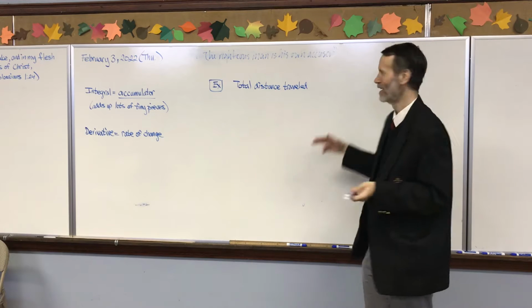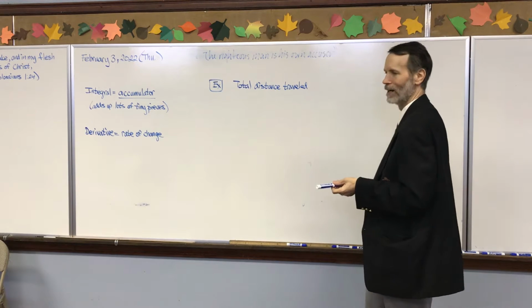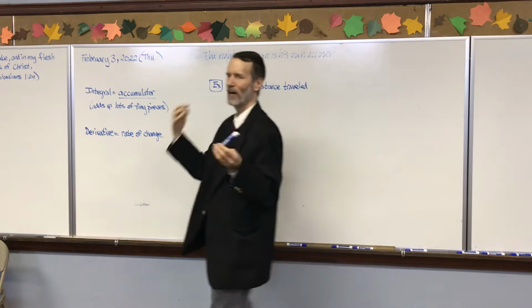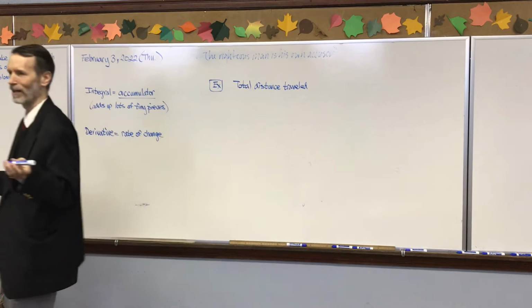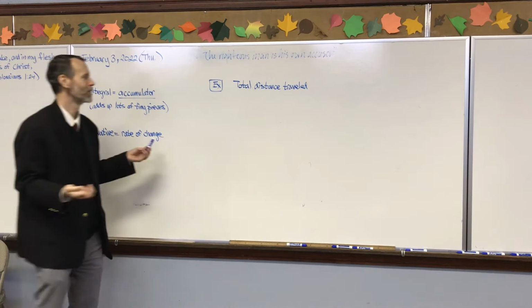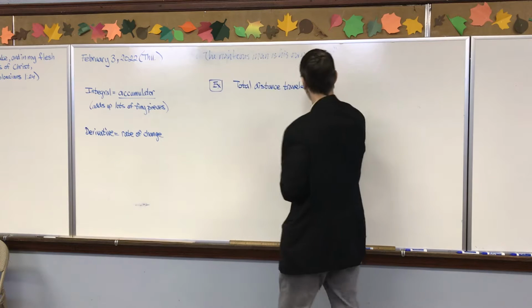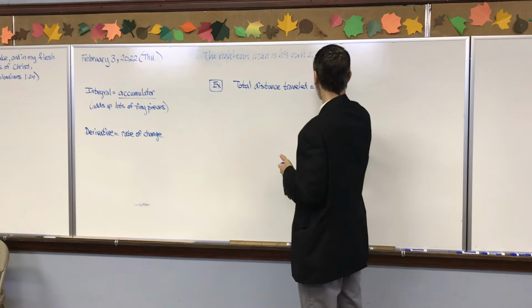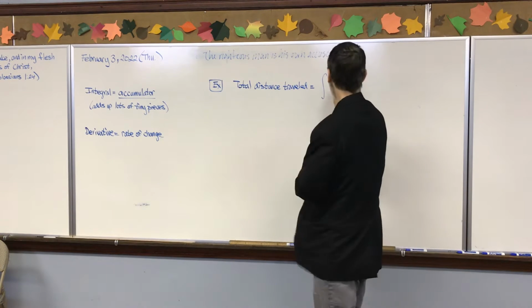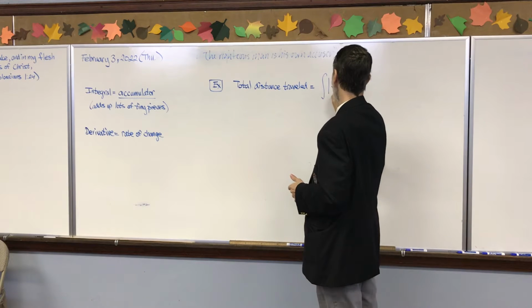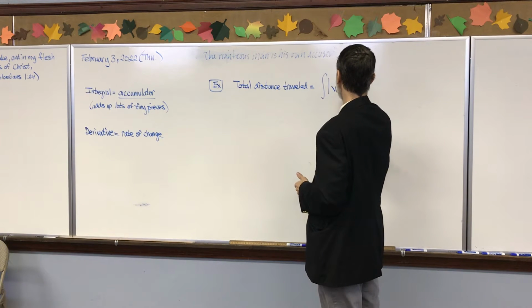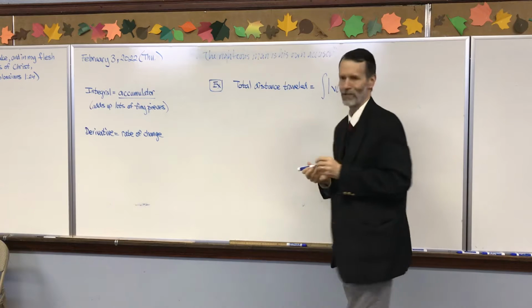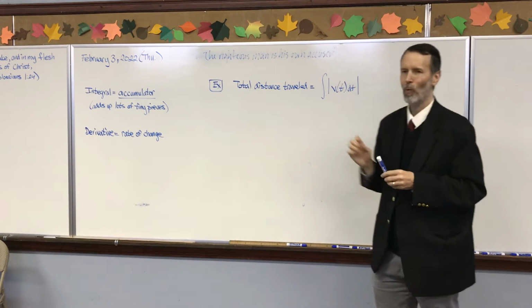It doesn't do that. It glides down. So how are we supposed to find how much water is still left in there? It's pretty tricky. Total distance traveled is the integral of the absolute value of the velocity function. Why absolute value?